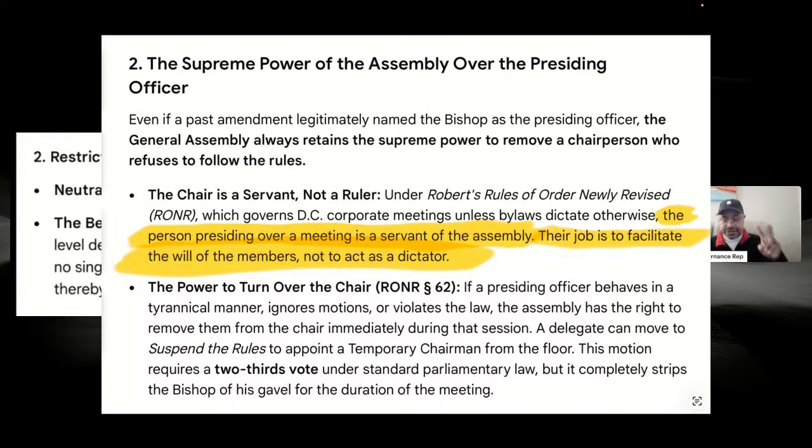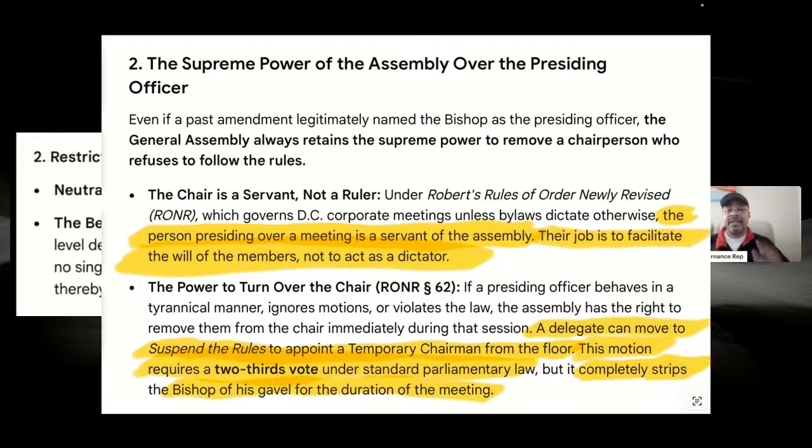This motion requires a two-thirds vote under standard parliamentary law, but it completely strips the CEO, the bishop, of his gavel for the duration of the meeting. For the duration of that meeting, they're done.